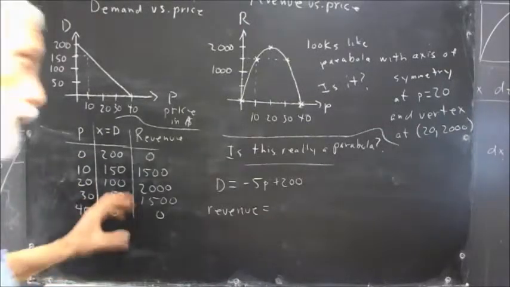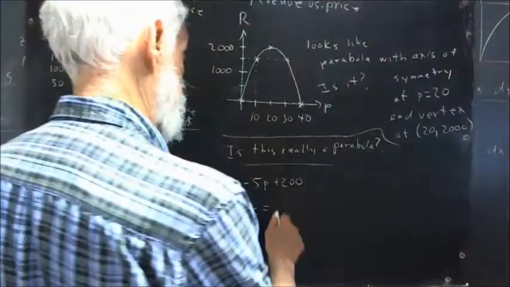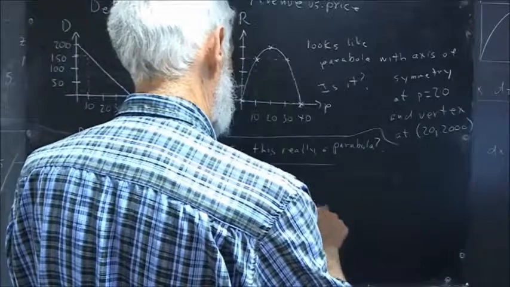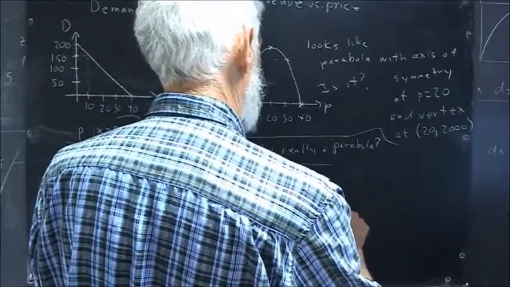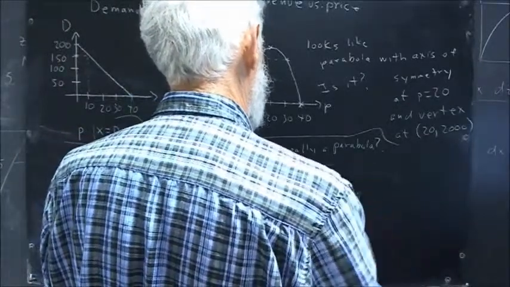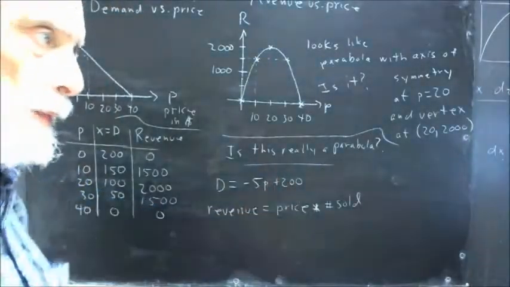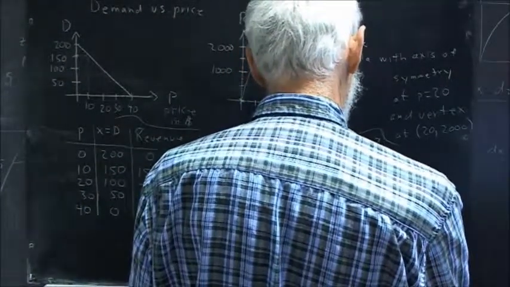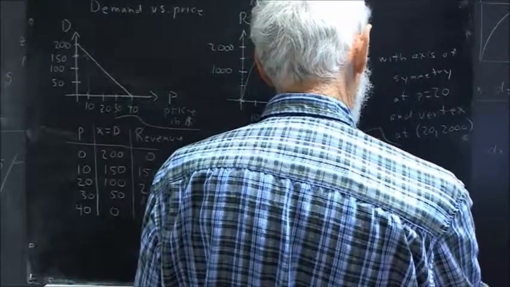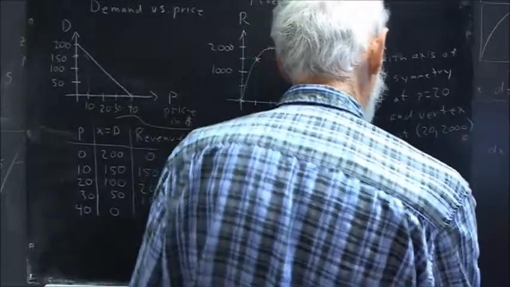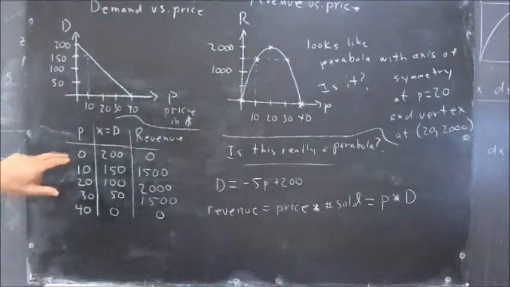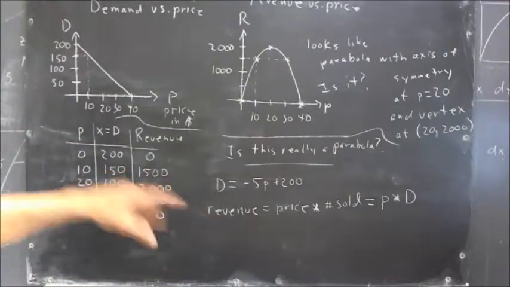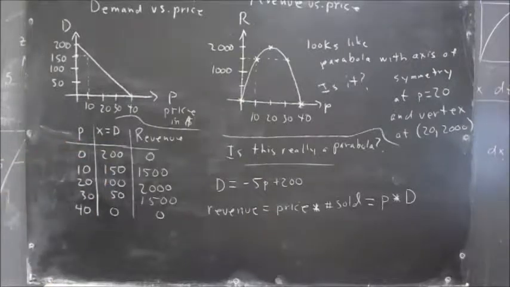Well, hopefully you paused. The revenue is just price times the number sold, and the number sold is just another word for the demand, or the demand is actually the word we use for the number sold. So that's price times demand. We're multiplying price times demand, or price times X if we're going to let X stand for the demand.